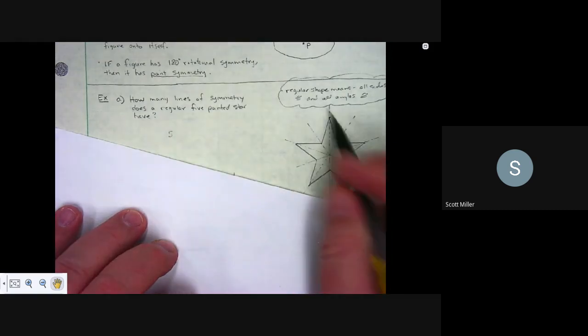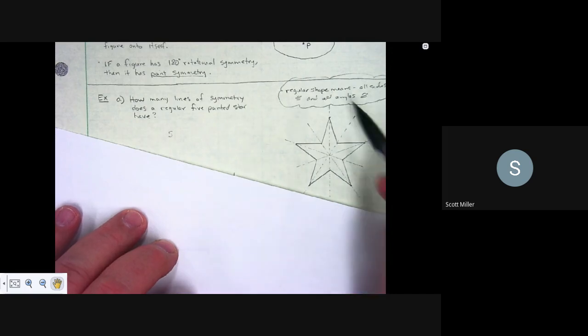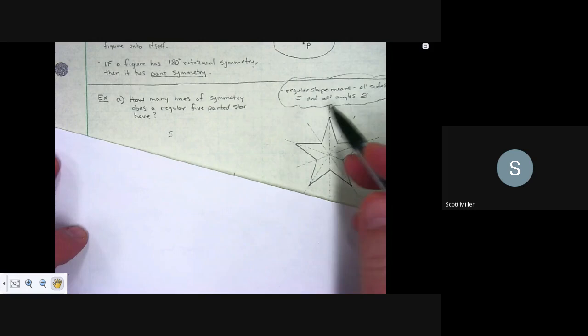I drew all 5 of them, so there are 5 lines of symmetry in this shape. You're going to be tasked with, given a shape, asking whether or how many lines of symmetry it has, or does it even have any? You just look to see if you can draw a line where you can fold it and the 2 halves match up. That's the key.